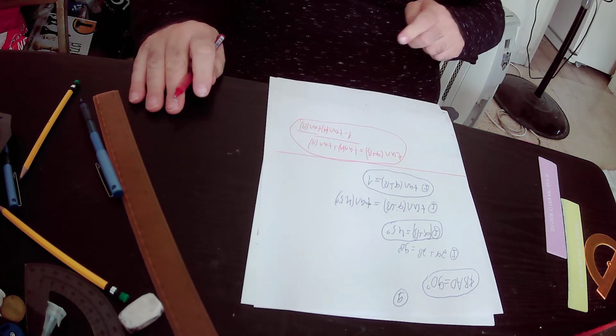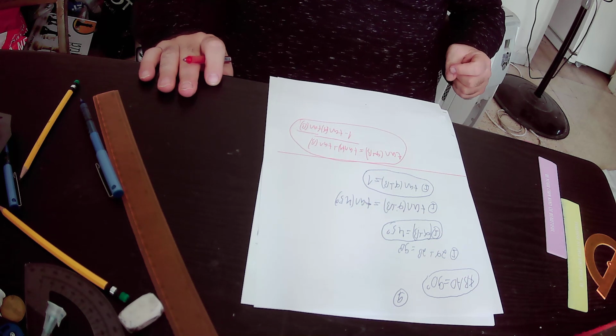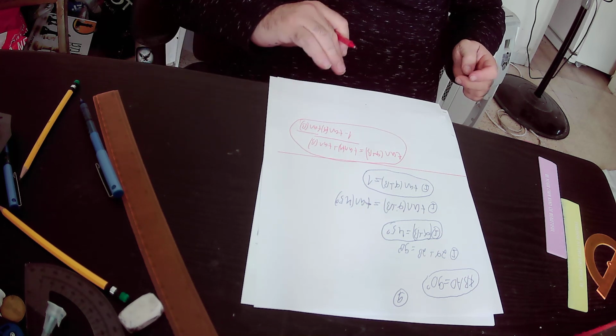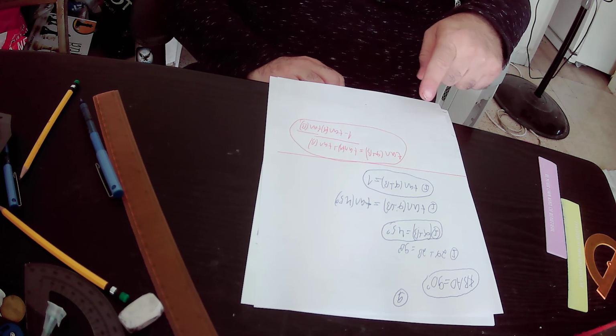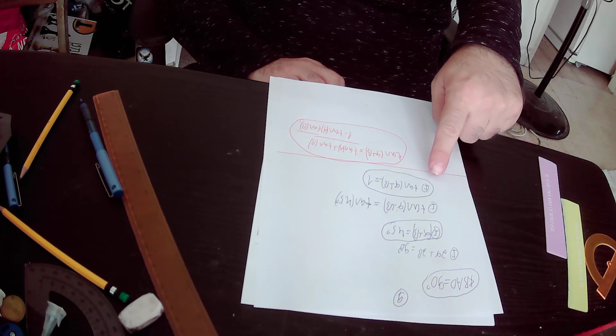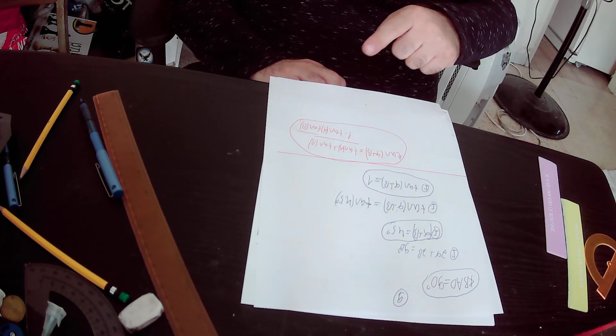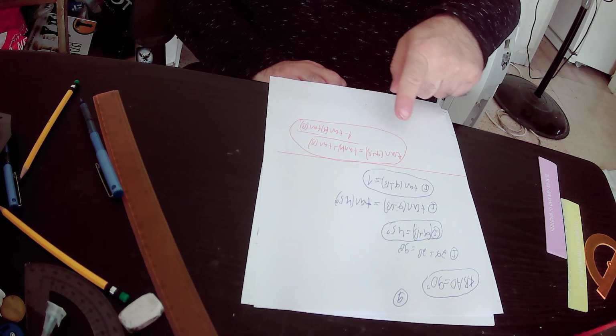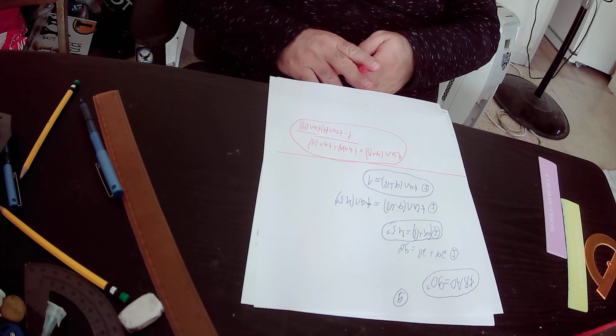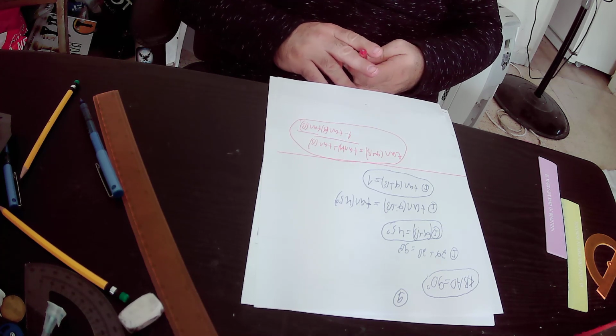Okay, so according to this trigonometric identity, we can substitute tangent of alpha plus beta in equation number 1 by this expression that equals tangent of alpha plus beta. So we will do it now.